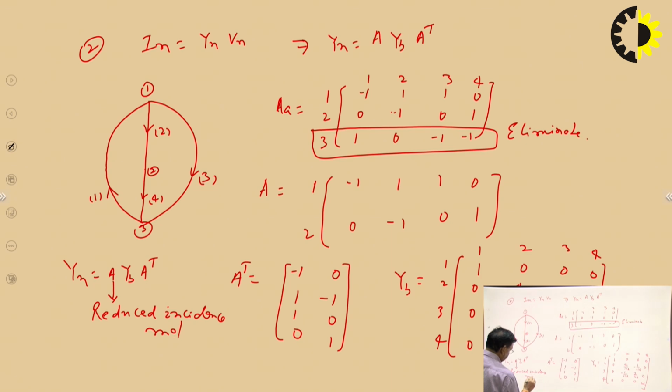We discussed in detail in the previous lecture. On multiplication of these three matrices A, YB and A transpose, we are getting Yn.